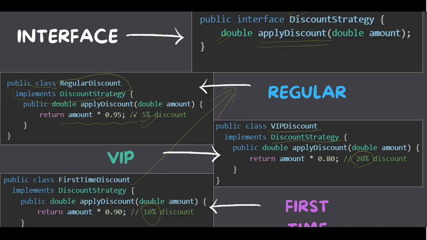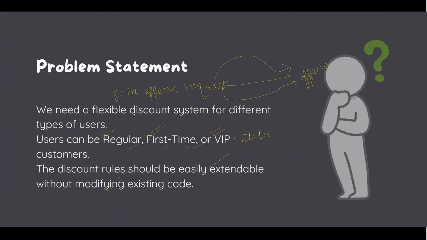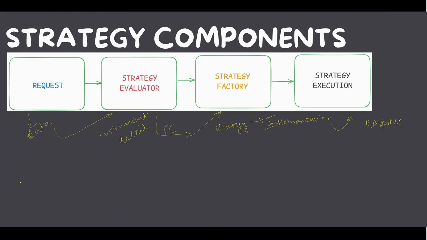So if we move back to this slide, here the request simply contains the user type for our example. It may or may not be possible that this data is directly present in the request. Depending upon the request, we may need to have some logic defined in our evaluator to fetch the strategy.